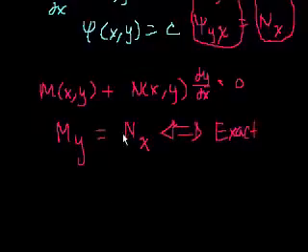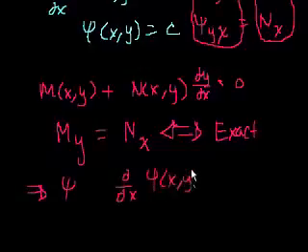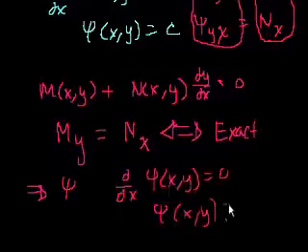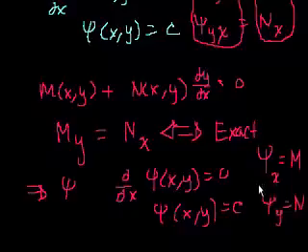And if it's an exact equation, that tells us that there exists a xi such that xi of x, y is equal to c is a solution of this equation, and the partial derivative of xi with respect to x is equal to m, and the partial derivative of xi with respect to y is equal to n. I'll show you in the next video how to actually use this information to solve for xi.